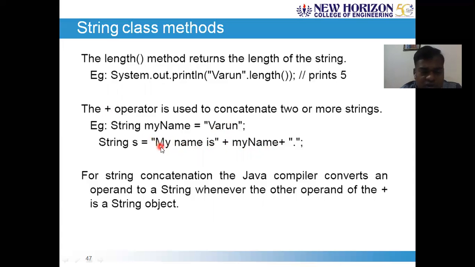Here the actual characters are part of the string, followed by plus and the variable my name. What is the value of my name? Varun. So the new string created after the concatenation is "my name is Varun", followed by the full stop.